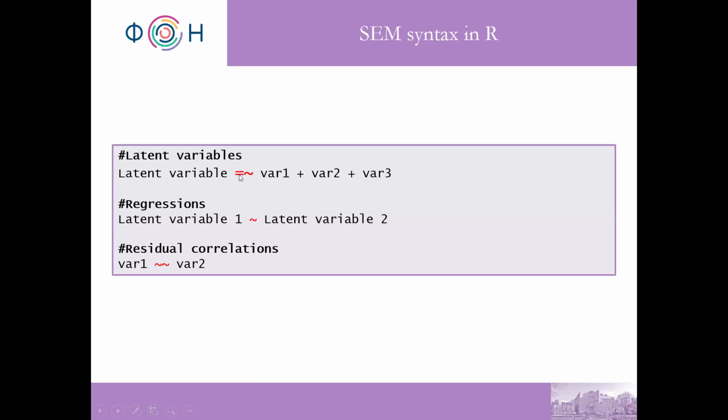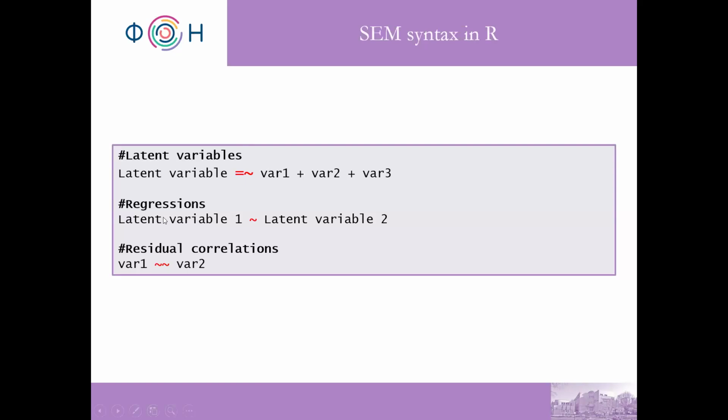We use the sign equal and tilde, and we list all our measured variables. By default, we put a plus sign between our measured variables, and of course that sign can be plus or minus depending on our model and our data.